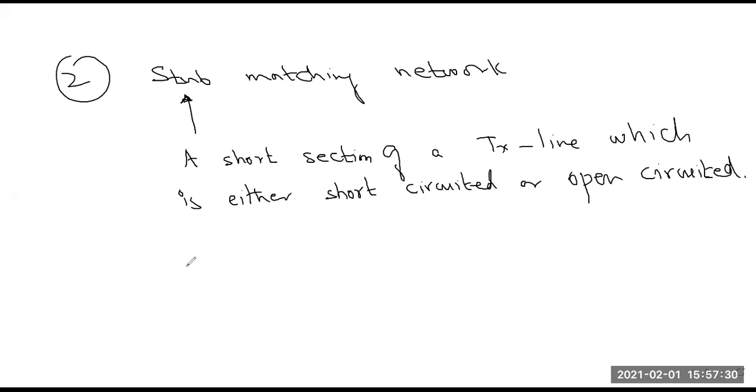If you remember, we considered this scenario: a transmission line with characteristic impedance Z0 and phase constant beta, terminated with a short circuit load, which means ZL is equal to 0. This is a transmission line and its length is L, and we assume that this L is not very large, which is why I've used the term short section.